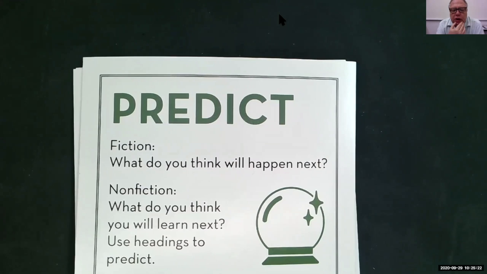So if we're reading fiction or narrative, that is a story, we're going to ask ourselves when we make a prediction, what do you think is going to happen next? But that doesn't quite fit nonfiction or informative reading. Instead, what we should ask ourselves is, what do you think you will learn next? And then, this is a really good strategy, but use the headings to make your prediction, okay?